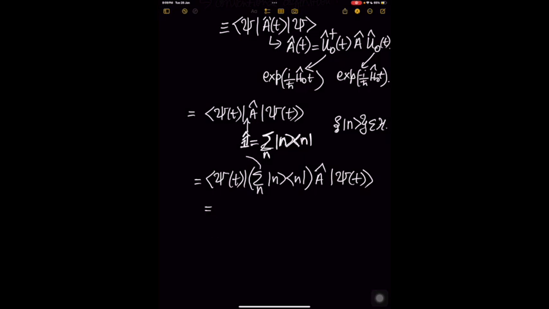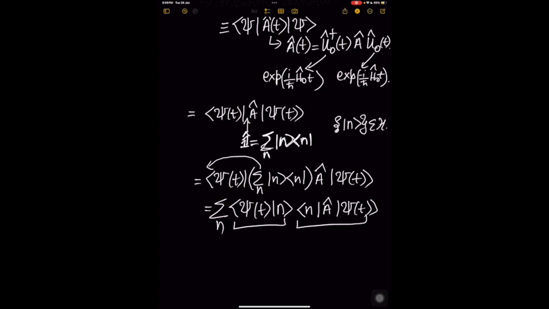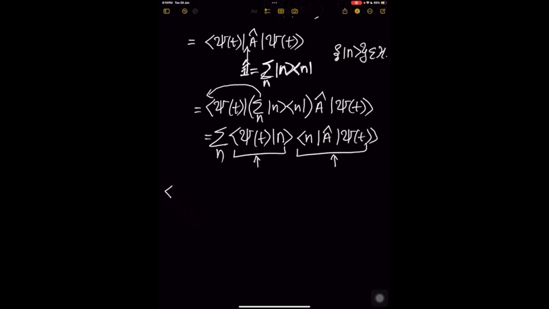So you can pull this summation out over all n, bra psi of t, ket n, bra n, A hat, ket psi of t. So both these terms are scalars. This is just simply the projection of psi of t on n, and you take a complex conjugate, and this is similar to a matrix element of A. So a matrix element of A in general would look something like this.